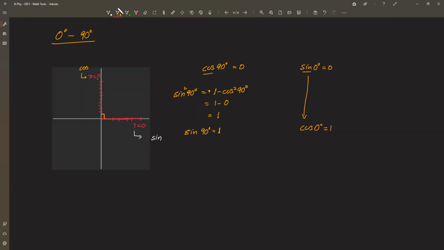Now these special angles and their values are very important, very frequently used in mathematics and physics, sometimes in chemistry as well. So it is always good to remember these values. In exam you should not be doing the derivation of these values.